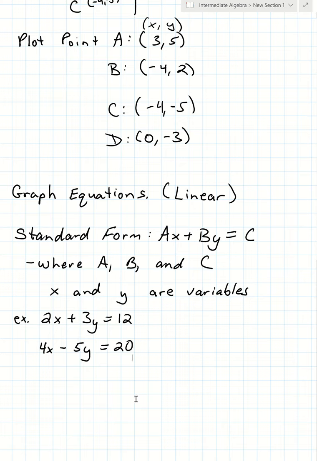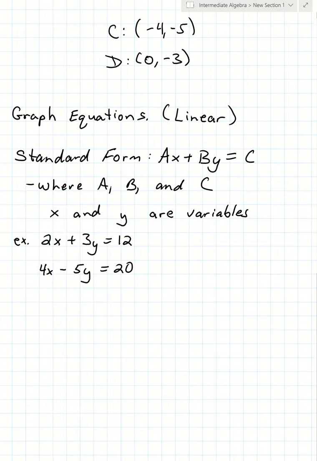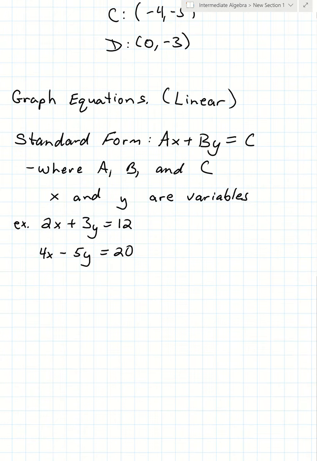Here we have another equation in standard form, okay? This is going to just be one particular form of what we consider a linear equation. And we're going to want to be able to graph these equations. Now, how are we going to graph these equations on the coordinate plane? Because we have two variables, x and y, you're going to need 2 points.